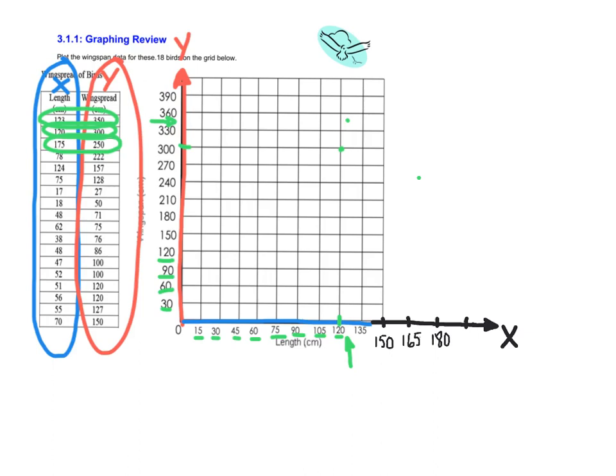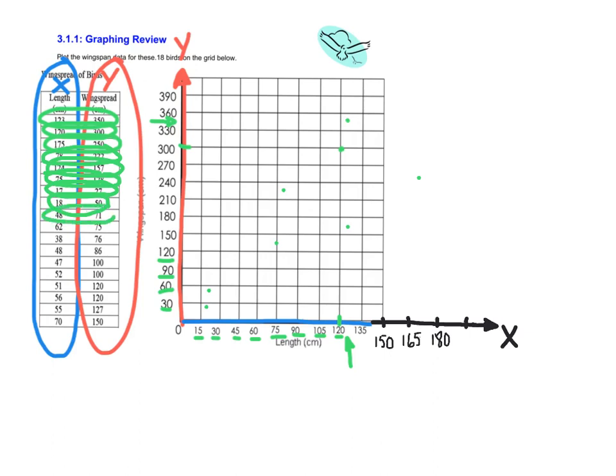The next point, 78, 22, right about here. The next point is 124, 157, right about here. Next point is 75, 128, right about here. Next point, 17, 27, right about here. Next point is 18, 50, right about here.